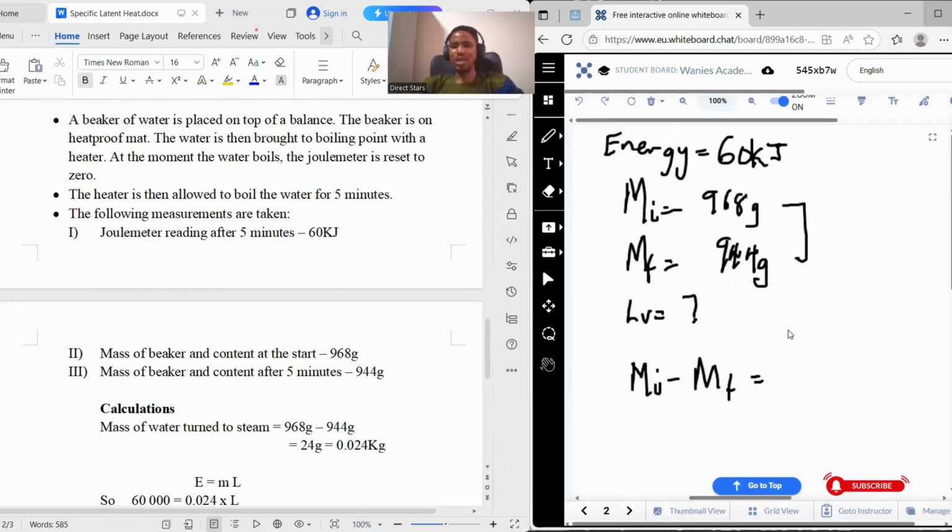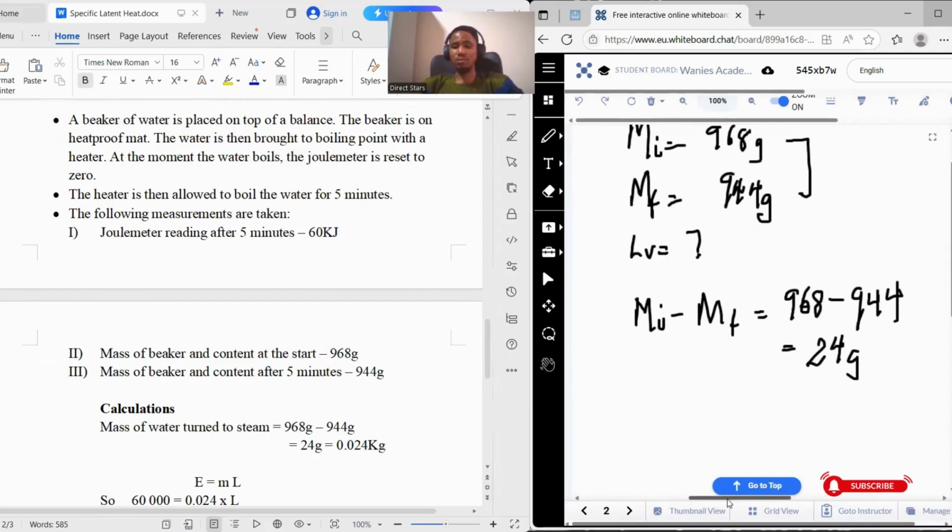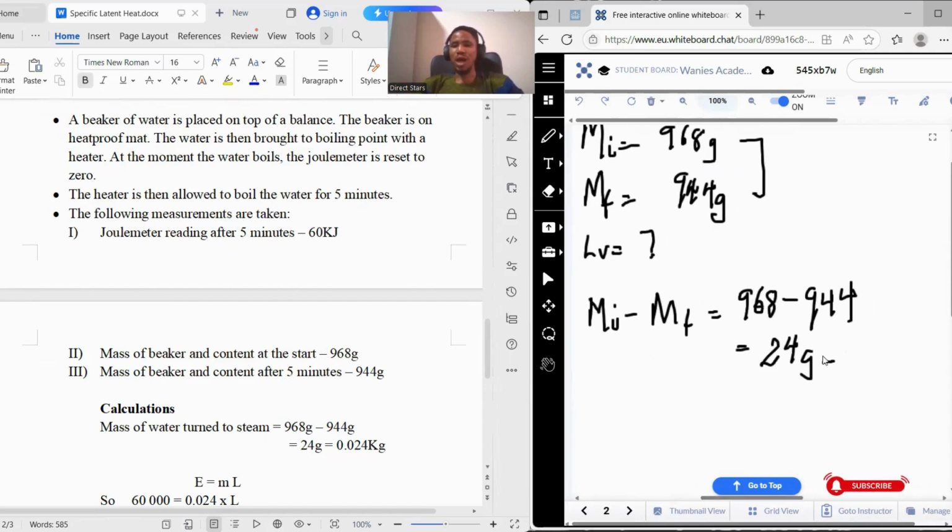So that is 968 grams minus 944 grams, and that gives us 24 grams. Remember that the standard unit of mass is not gram, it is kilogram. So how do we convert gram to kilogram?